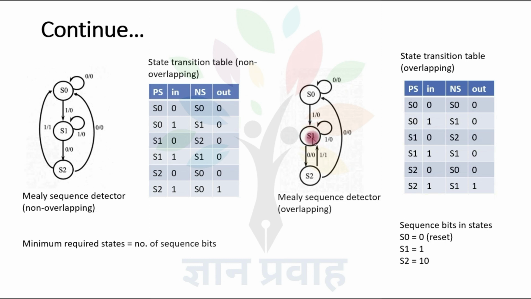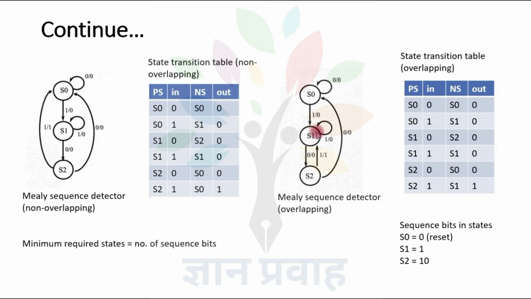At state S1, when we receive 0, then the sequence will be 1, 0. It is in the order of our desired sequence, and we will move to the next state, S2. At state S1, when we receive 1, then the sequence will be 1, 1, and it is not in the order of our desired sequence.